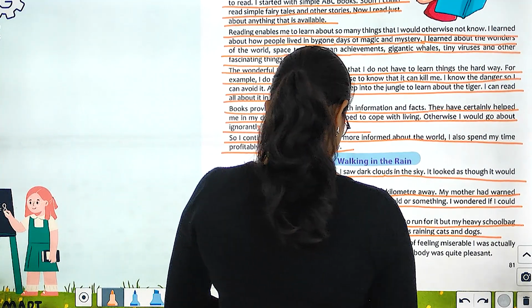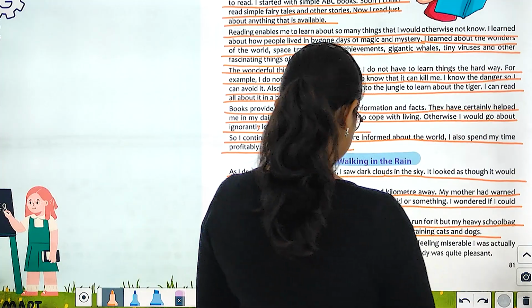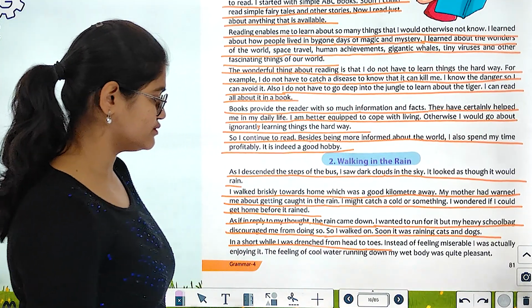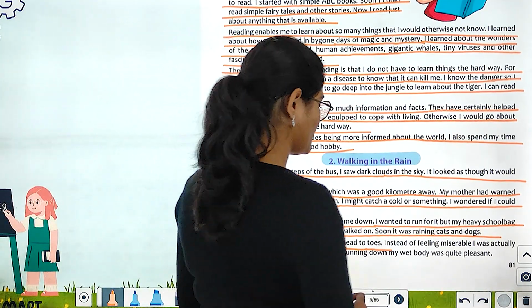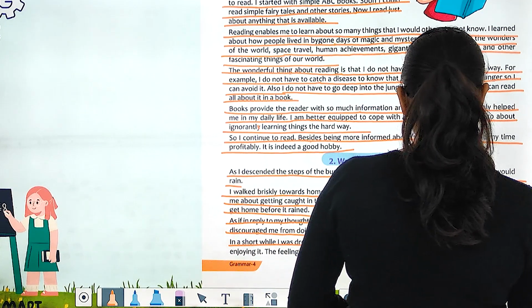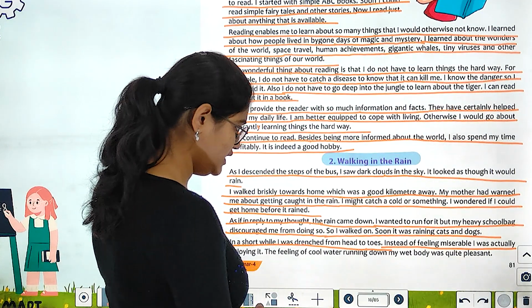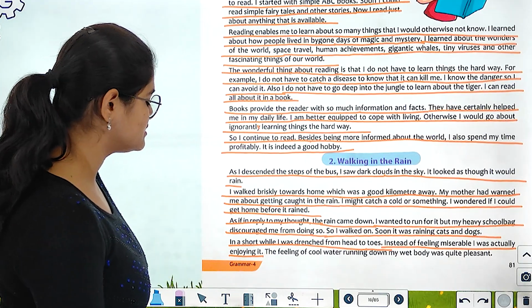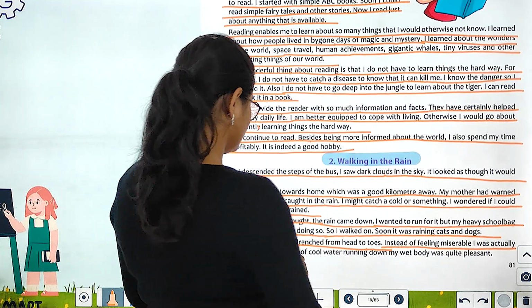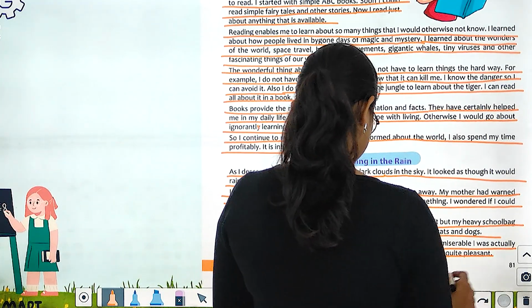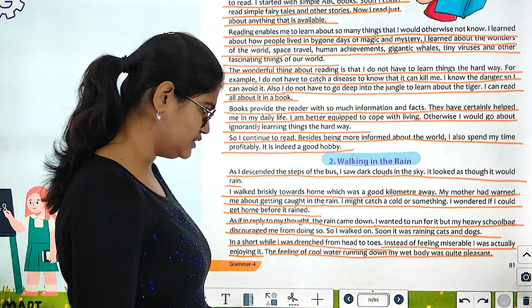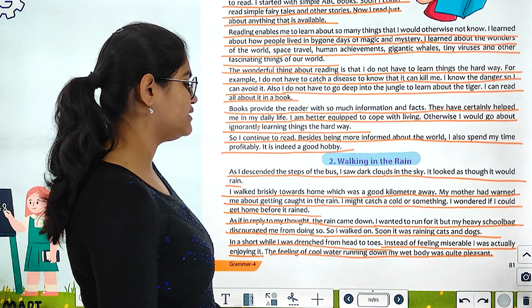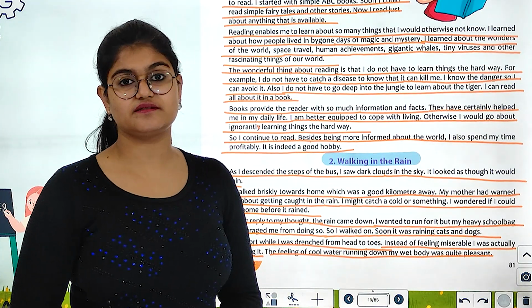In a short while, I was drenched from head to toes. Instead of feeling miserable, I was actually enjoying it. The feeling of cool water running down my wet body was quite pleasant.